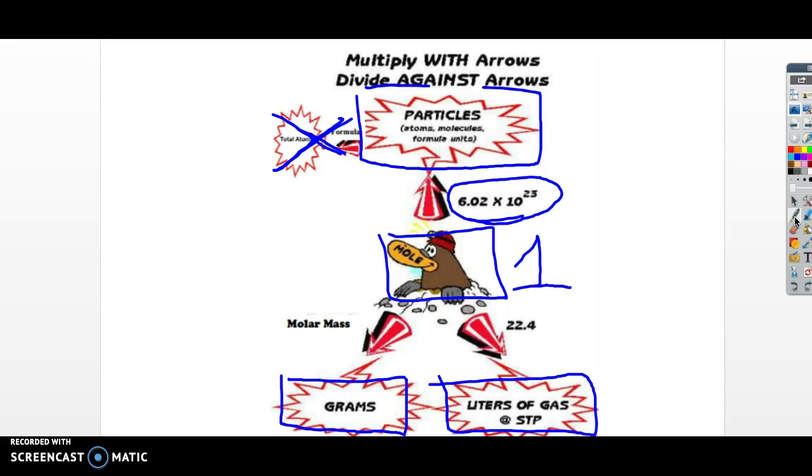Sometimes these problems aren't going to be easy and they're not going to say particles. Sometimes they'll say calculate the number of atoms, calculate the number of molecules, or calculate the number of formula units. All three of those go in this box. Don't get too excited over that. We're going to do some more practice problems where we see that.